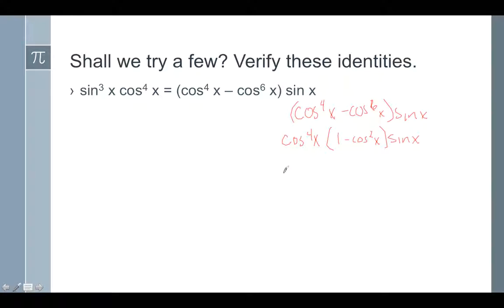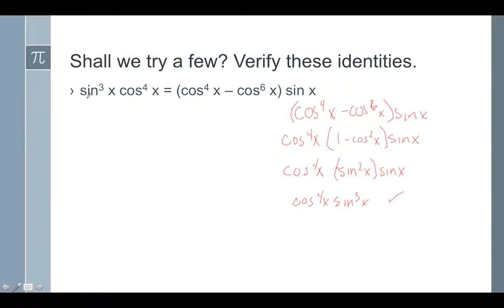And 1 minus cosine squared is sine squared. We know that. And looky there, we have cosine to the fourth times sine squared sine, and that gets me a cosine to the fourth x times sine cubed x. And that would verify it from the right-hand side.